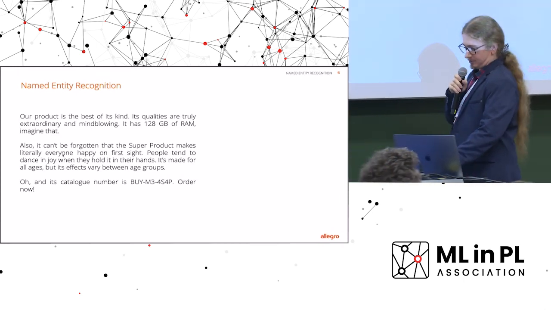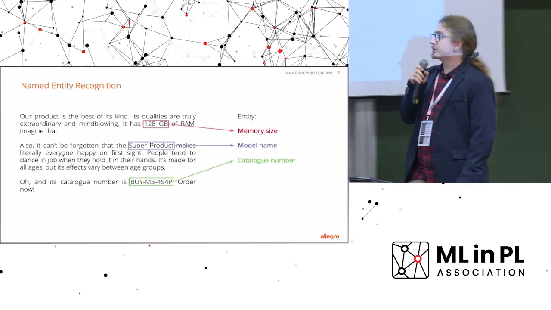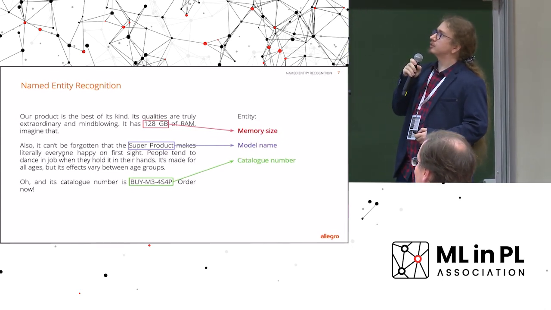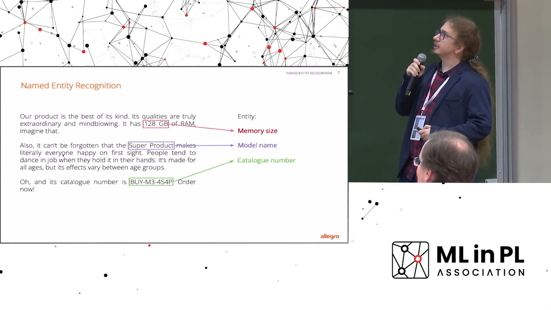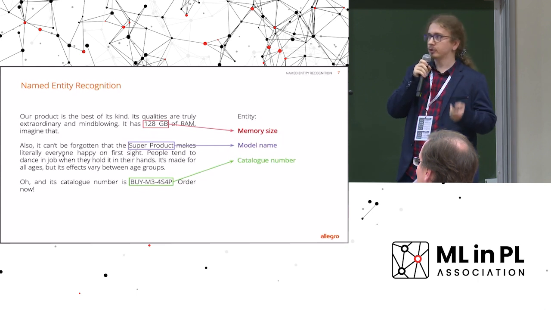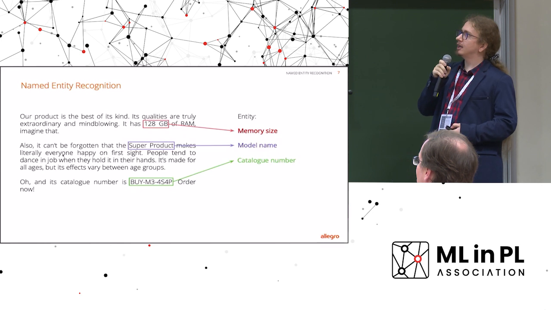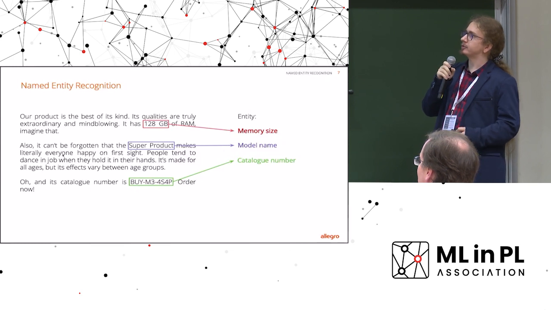You can see an example here where we have some product description, and we have these named entities. These are basically our parameters that we want to fill in. We can, for example, extract memory size, model name, and some catalog number.